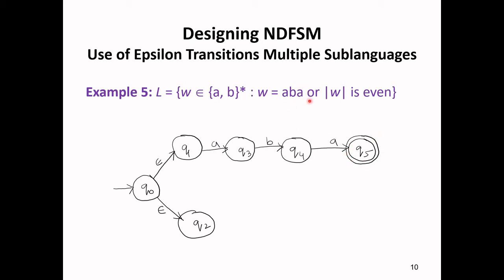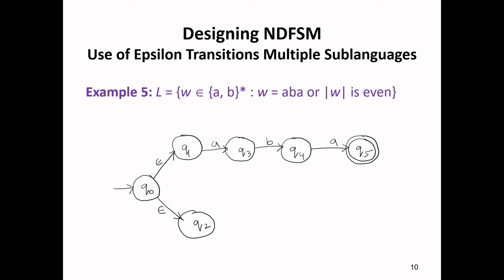This language, or one more is there. What it states? The string length is even. Already we have designed the DFSM for this. The same way here, string length is even. It means what?